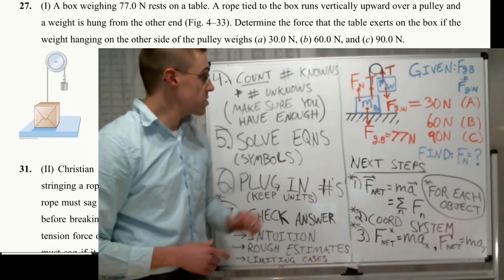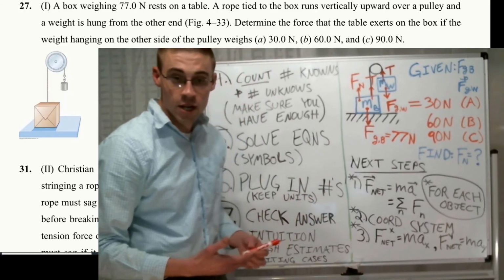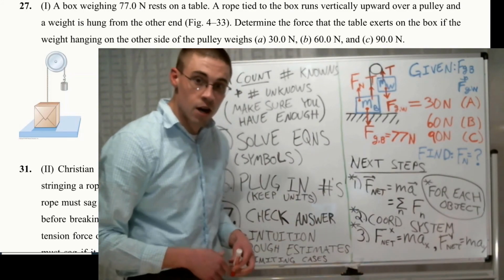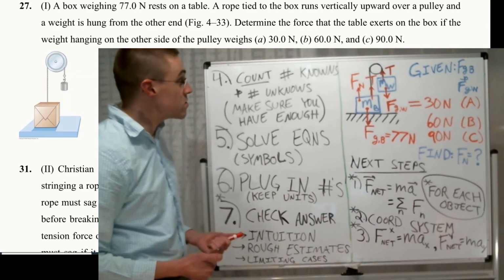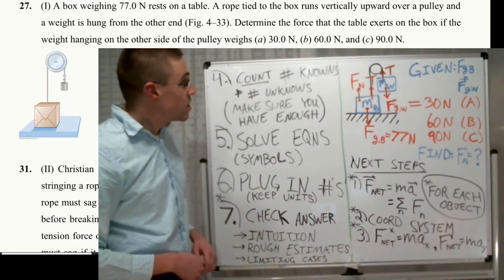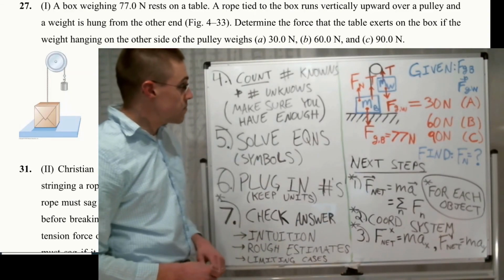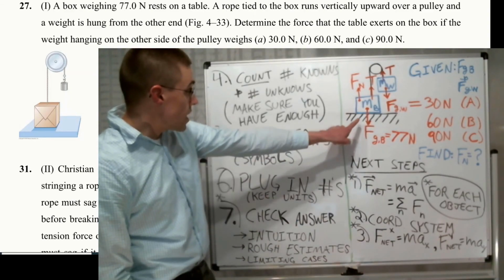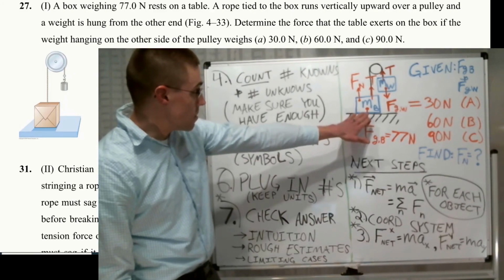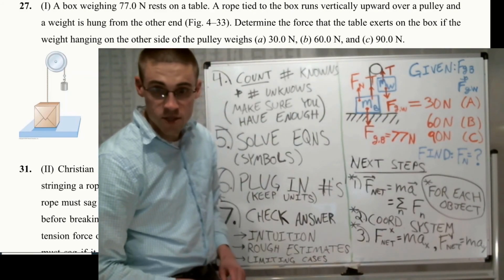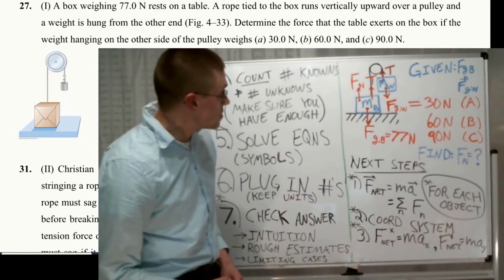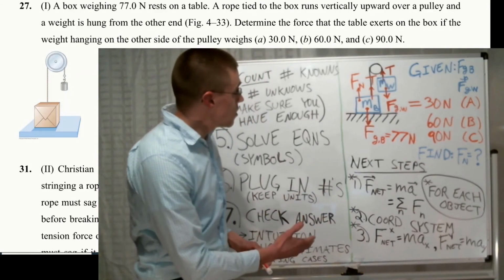So, first I read the problem, then I read it again. I like to underline helpful information and circle given quantities. Then I drew my free body diagram. Okay, now I have MB for the mass of the box and MW for the mass of the weight over there. And you can see, right, I've labeled all the forces.